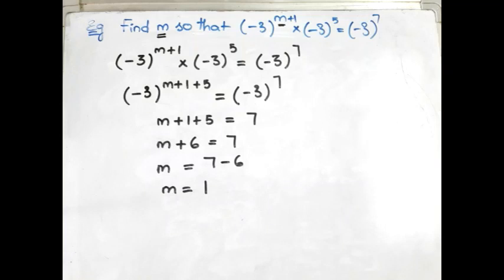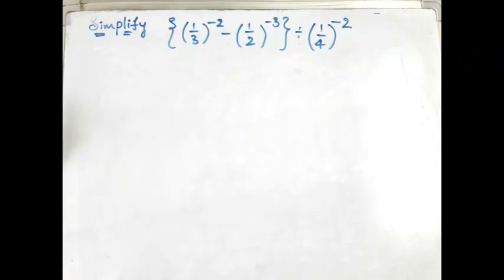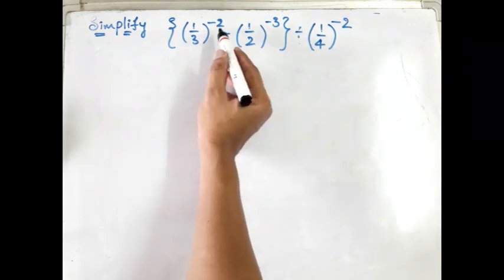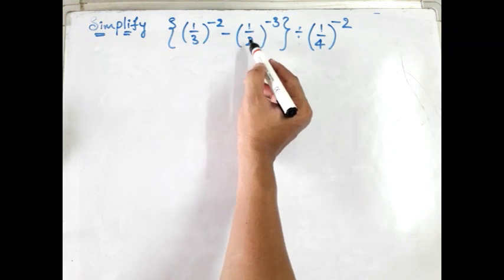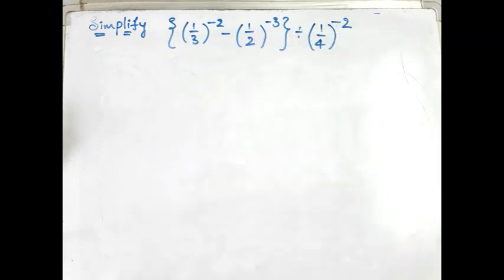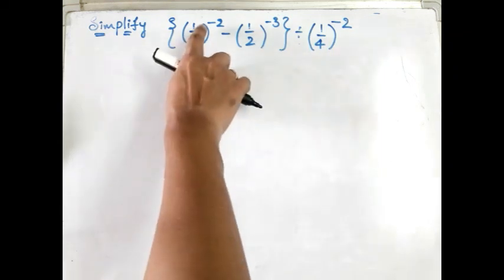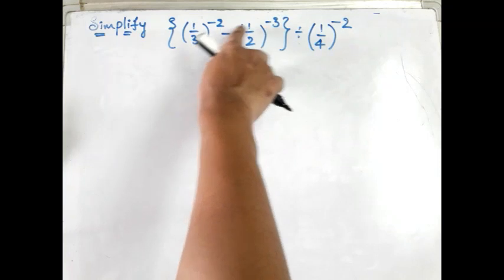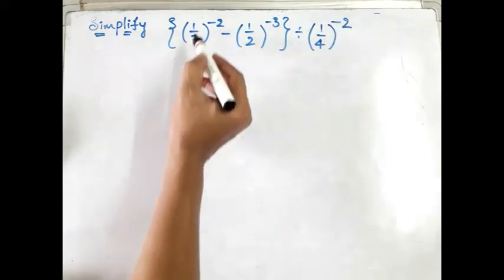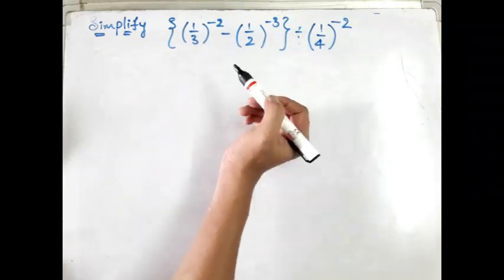Hope you are clear. Let us take another model. Simplify 1 by 3 whole power minus 2 minus 1 by 2 whole power minus 3 divided by 1 by 4 whole power minus 2. If you observe, all the terms have negative powers, minus 2, minus 3, minus 2, and the given numbers are of the form a by b.